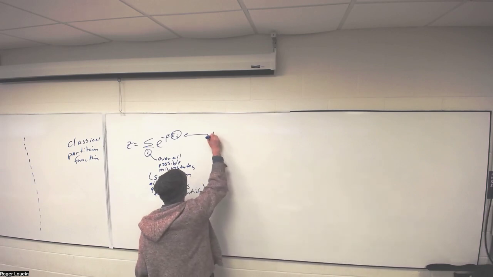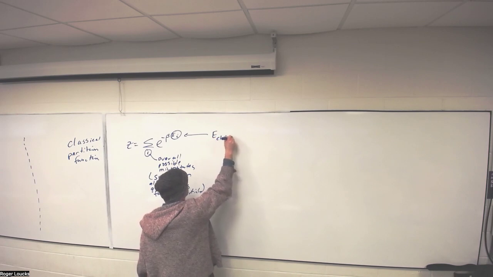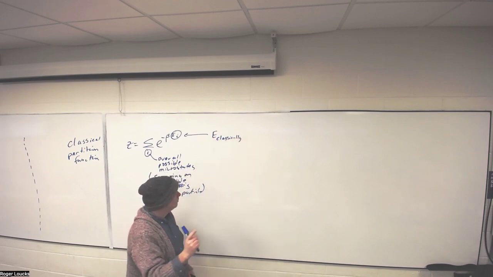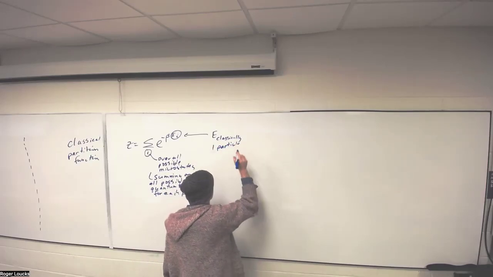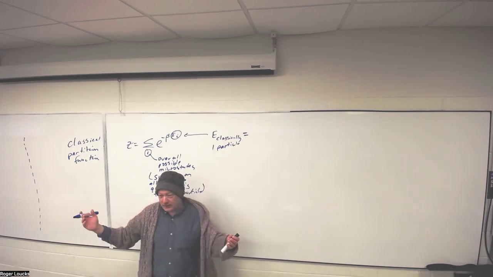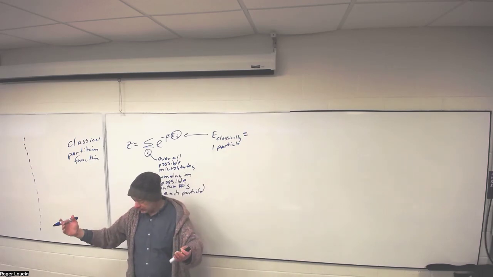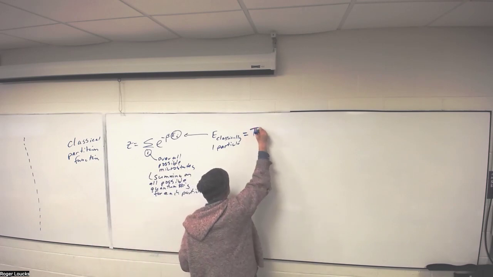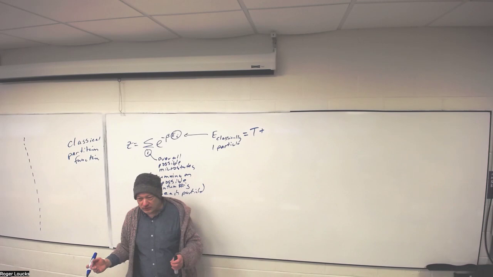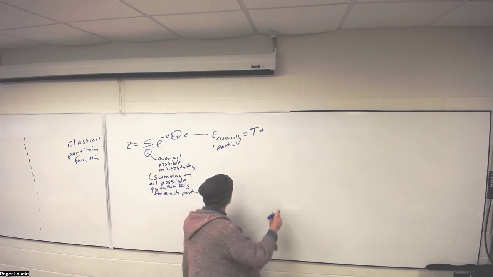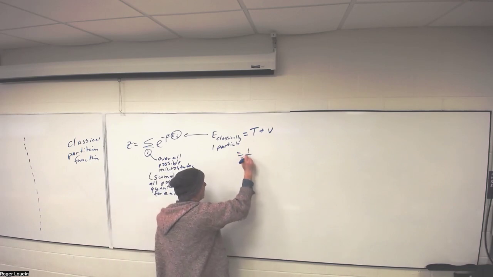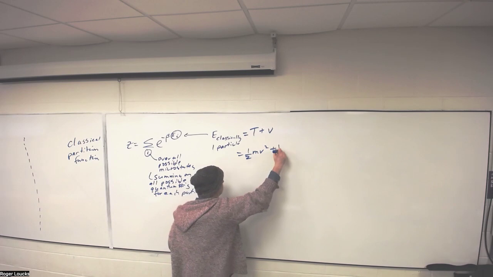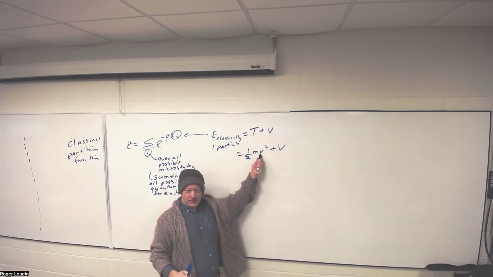So classically, and I'm just going to take one particle, this is going to be your kinetic, and for the rest of your life, kinetic is always T. Potential for the rest of your life is always going to be V. And so the energy for one particle is going to be 1/2 mv squared plus V. This v is a little v, so it is the velocity.